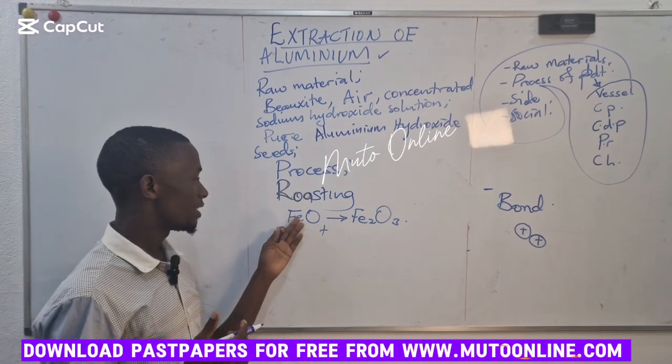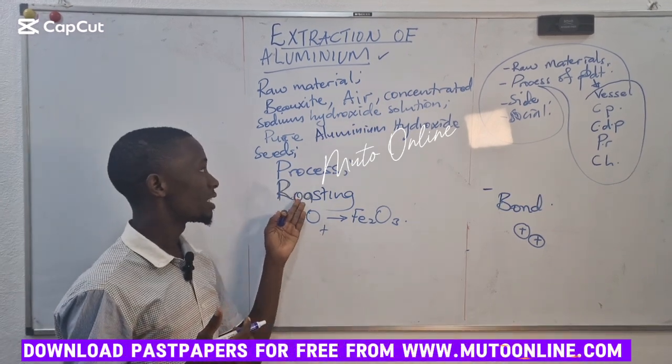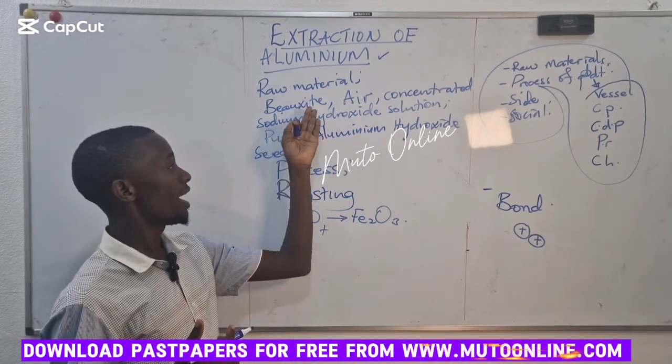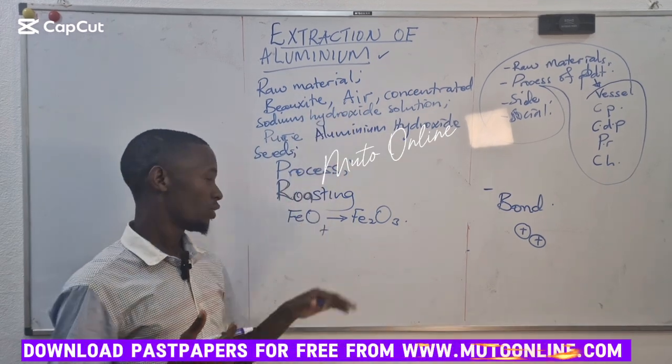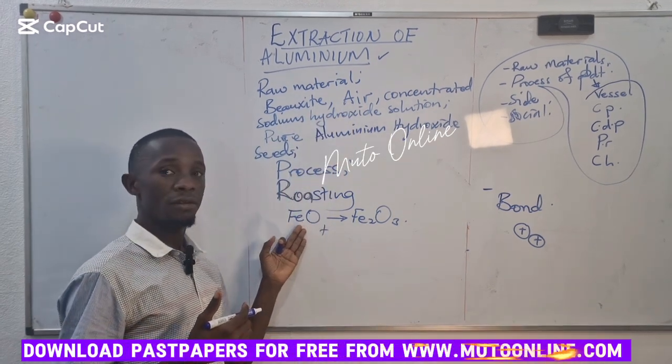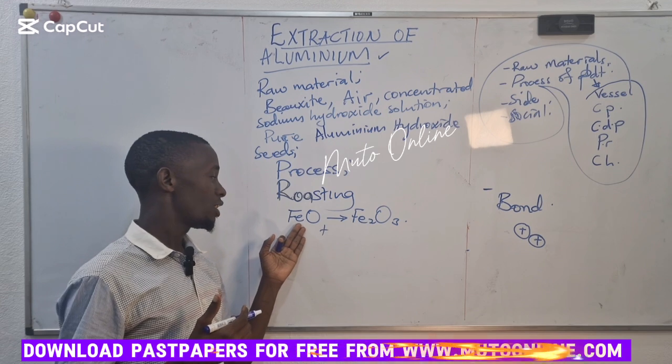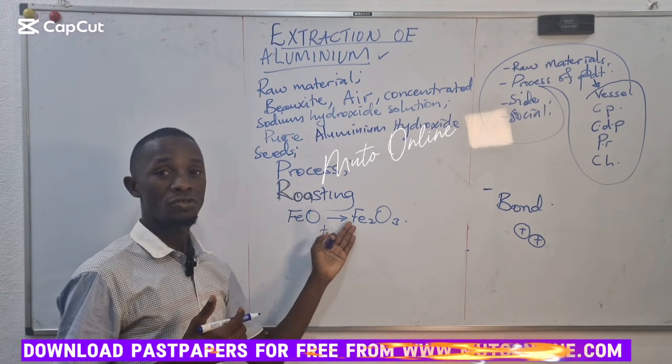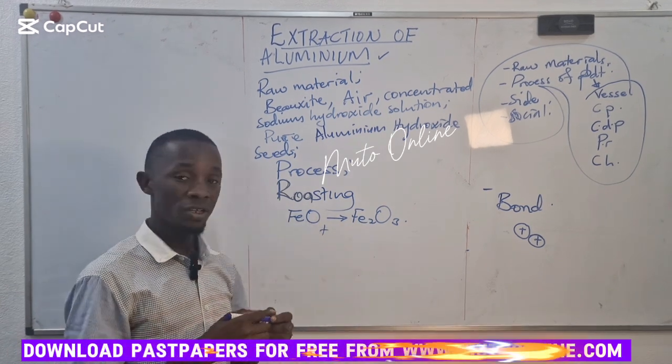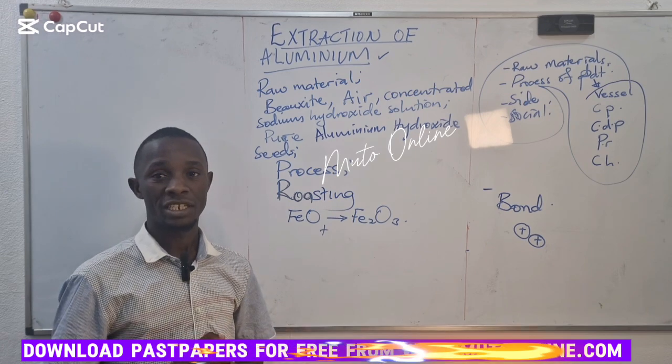So the first step is burning or roasting the ore in presence of hot air, so that we convert any impurities of iron 2 in the ore to iron 3 and remove any traces of water in it.